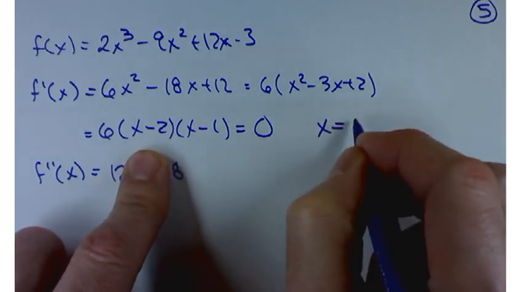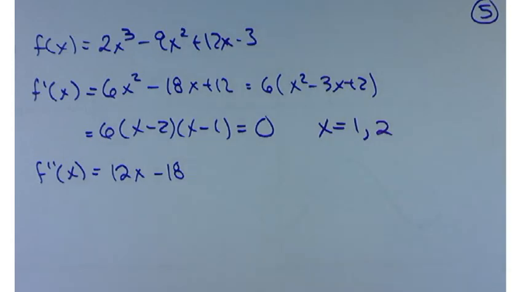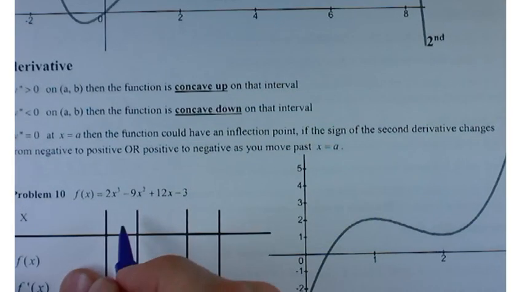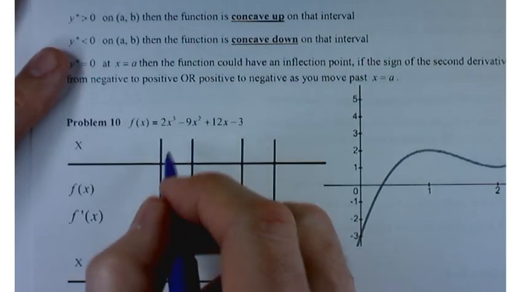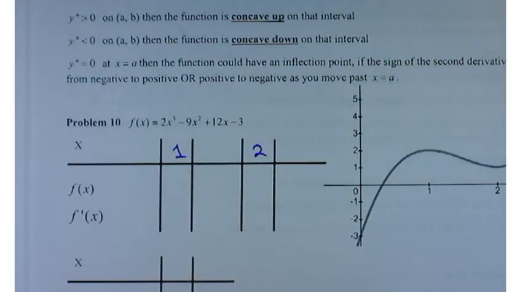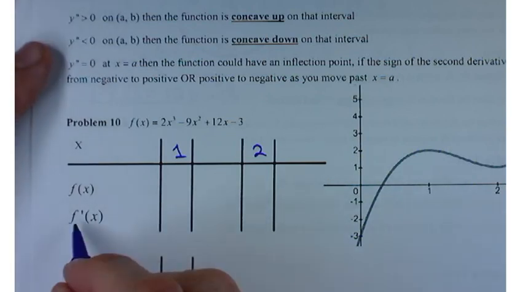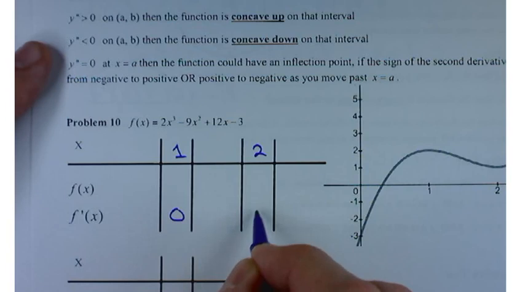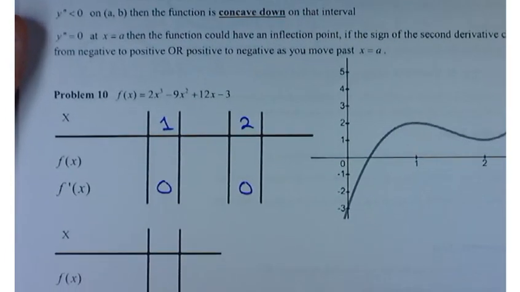So x equals 2 and 1. And let's put those points right here in our little chart. So 1 and 2. Now I know that the derivative is 0 at these points, so I can fill that in as well.